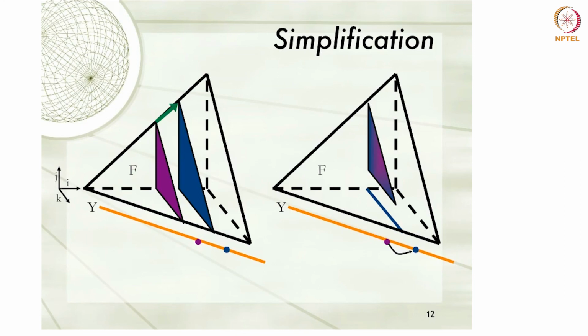Another way of thinking about this is I have to do this for all the slices, right? For every result that is computed. In other words, I'm going to take that entire pyramid and translate it in the direction of this green vector. And what happens is everything that is in the intersection of the two, I can get rid of.